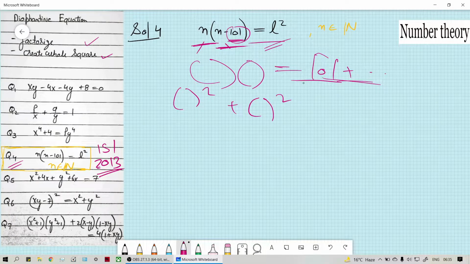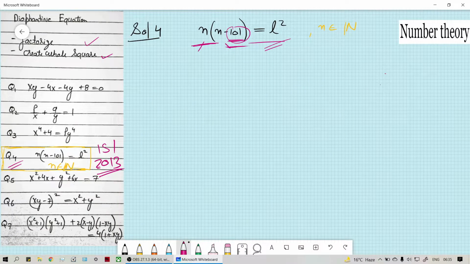If we can do that, then we are good. And if we can find the GCD, then also we have seen how to proceed after that. That also takes us to a solution. So let's try to do both of them: find the GCD, and also bring this number on the right hand side.